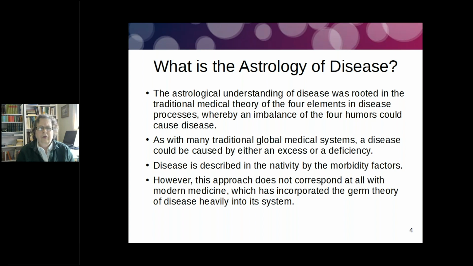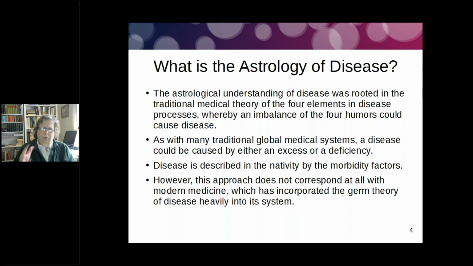The list, for example, in Chinese medicine is a little different than the list is in Western medicine, and other types of medicine as practiced around the world had this idea too. Sometimes you have too much, sometimes you have too little, sometimes it's just out of balance. Disease is described in the chart, the nativity, by what are called the morbidity factors.